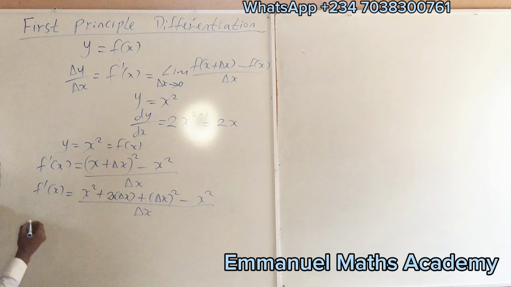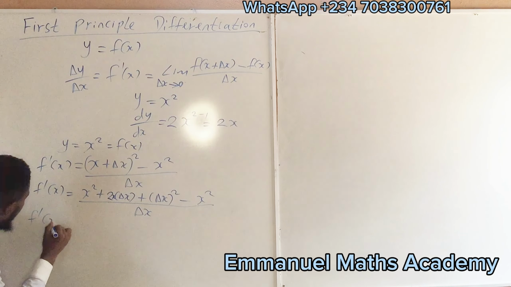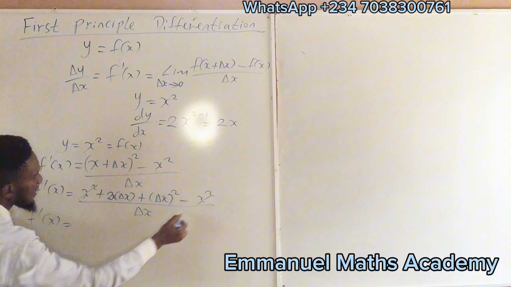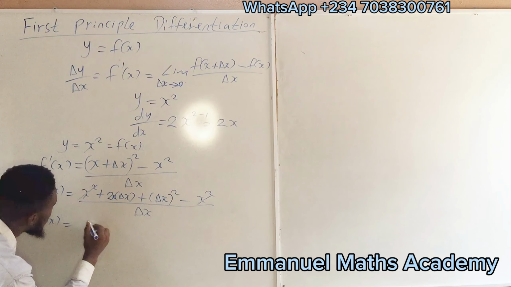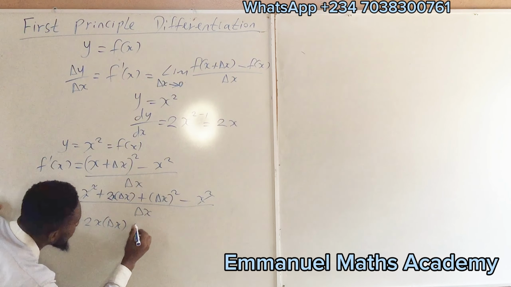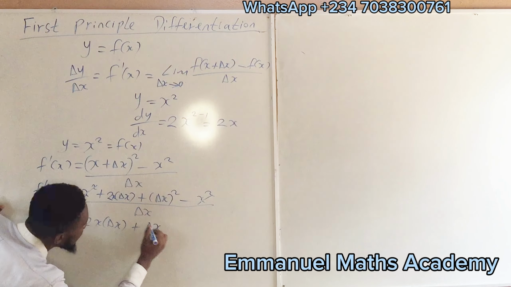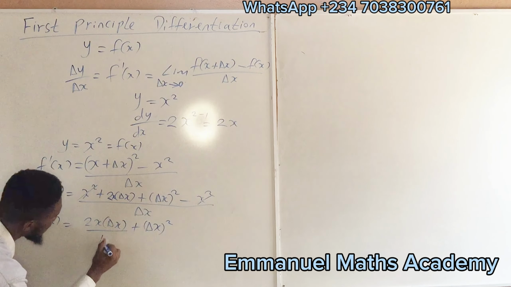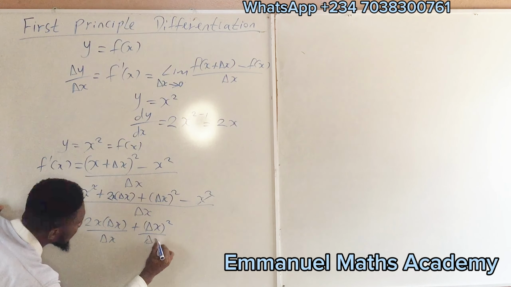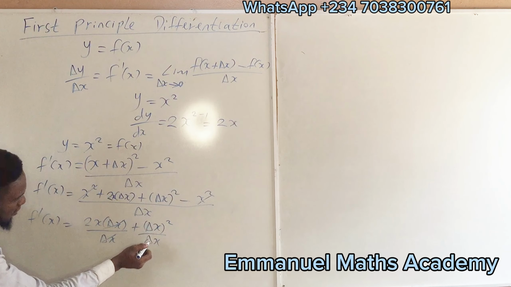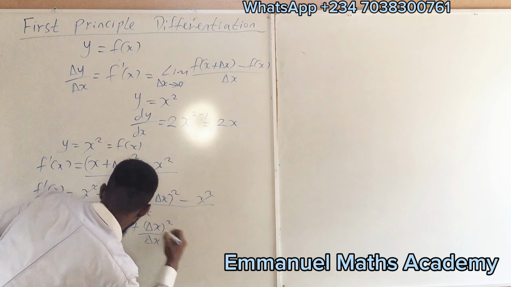Now x squared will cancel x squared. You now have 2x delta x plus delta x power 2. At this point, you can separate this to give delta x over delta x. Is that clear? So delta x will cancel delta x. Then one delta x here will cancel one delta x here. You'll be left with what?